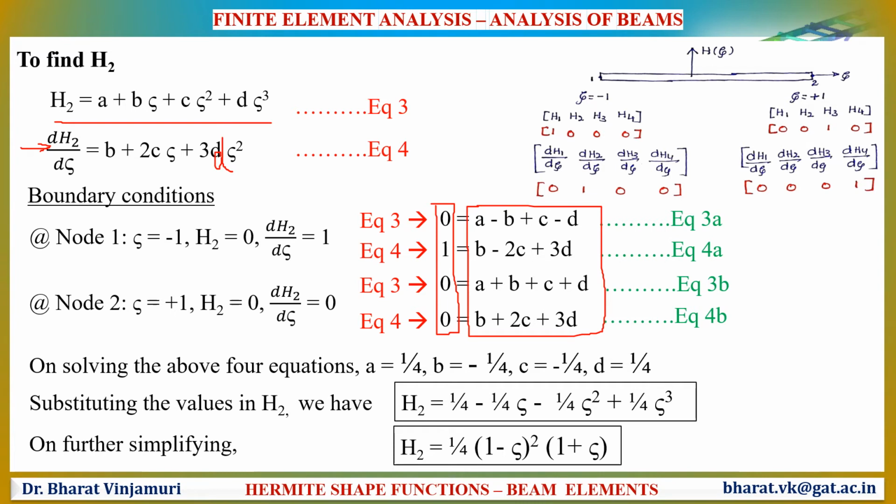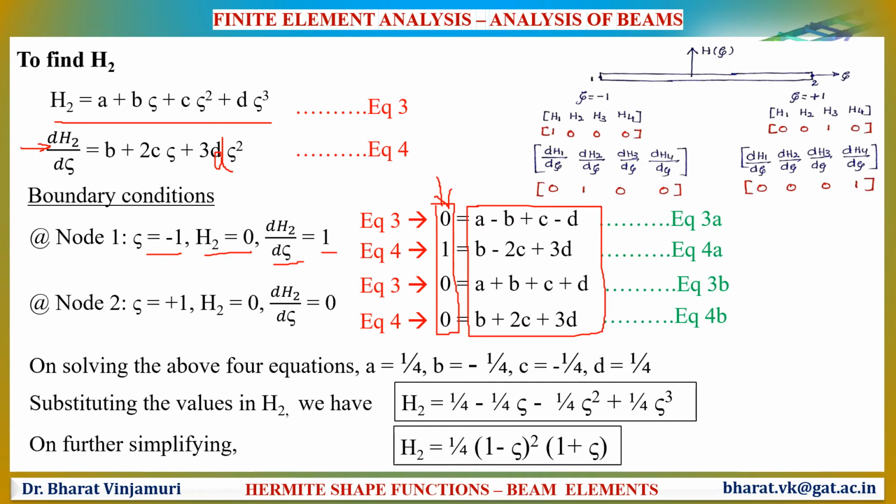At node 1, the value of zeta is minus 1. Since it is minus 1, the right hand side equations are the same, and the h2 value is 0. So the first equation, h2 value is 0, dh2 by d zeta is equal to 1. These are the boundary conditions.